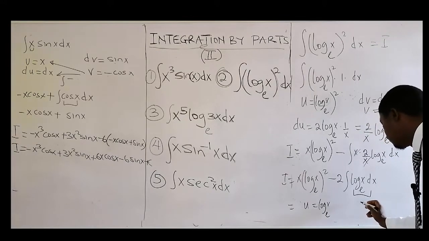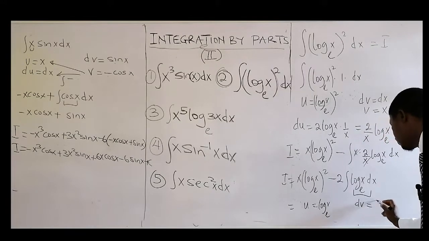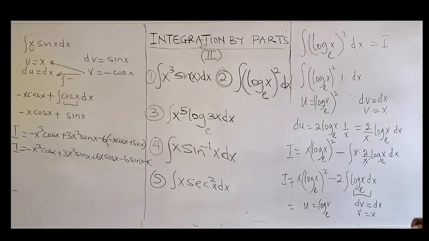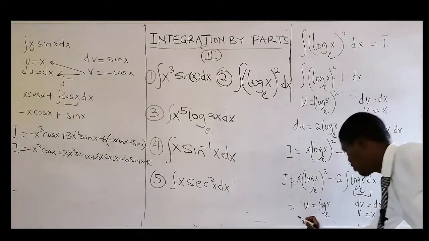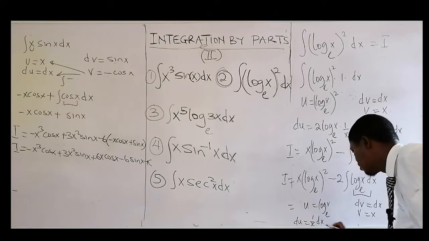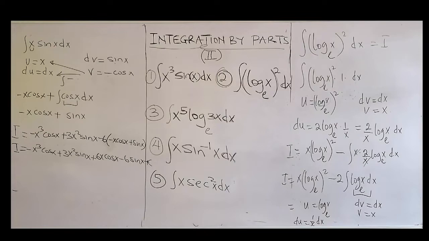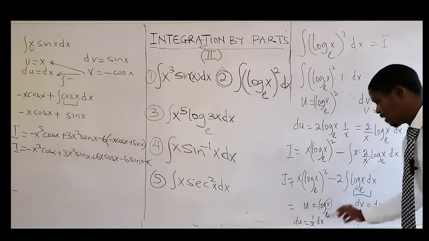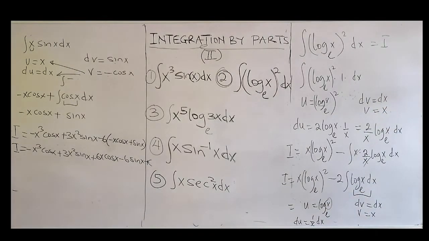Then your dv is dx, so v is x. And your du here is 1 over x dx. If you differentiate a logarithm to base e, it's always the derivative of the function over the function itself. Okay, so we have that.